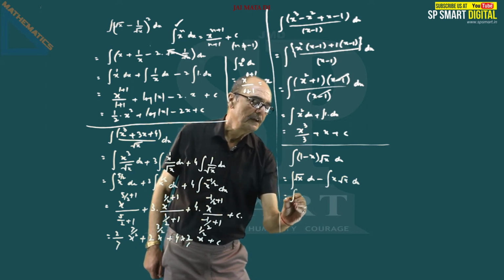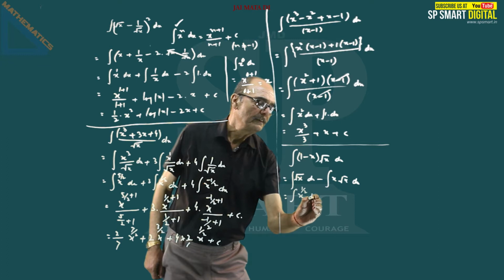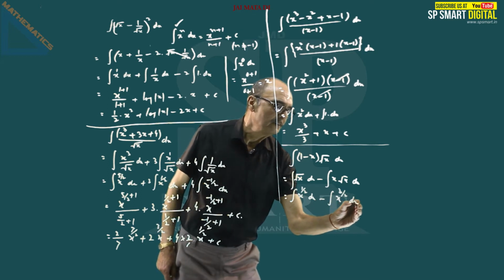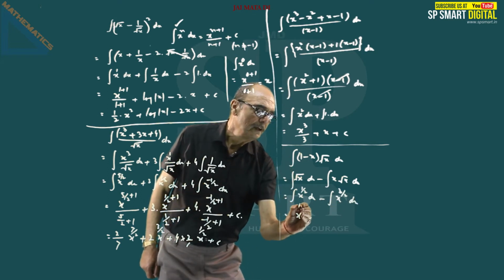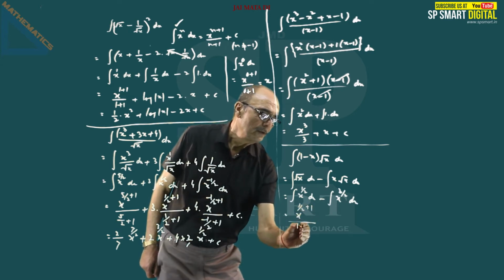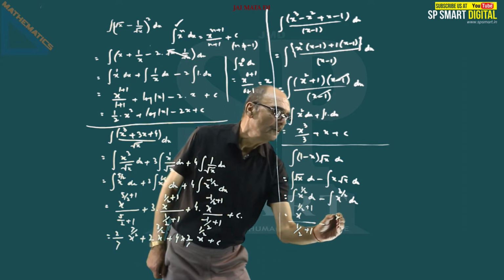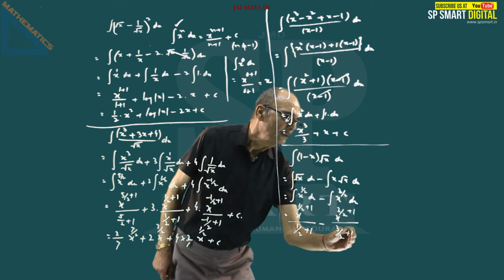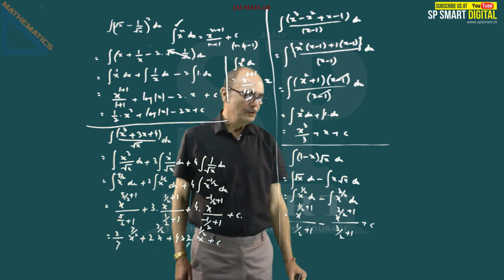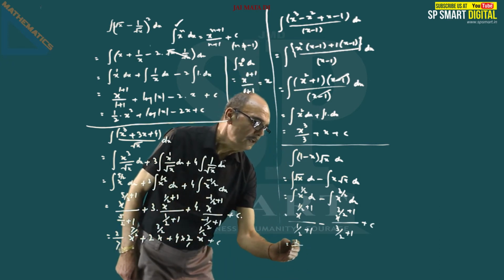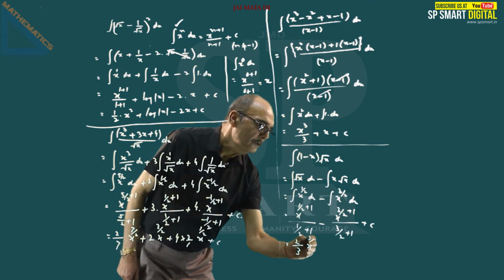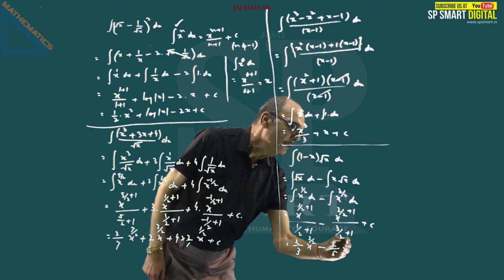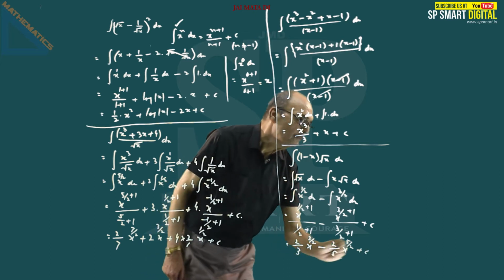So, this is the integral of x raised to power 1 by 2 d of x minus the integral of x raised to power 3 by 2 d of x, or this is x raised to power n plus 1 over n plus 1 minus x raised to power n plus 1 upon n plus 1, plus constant c, and you can simplify as 2 by 3 x raised to power 3 by 2 minus 2 by 5 x raised to power 5 by 2 plus c.